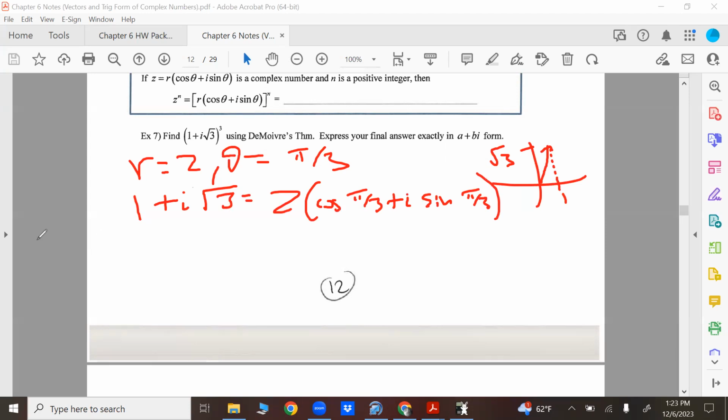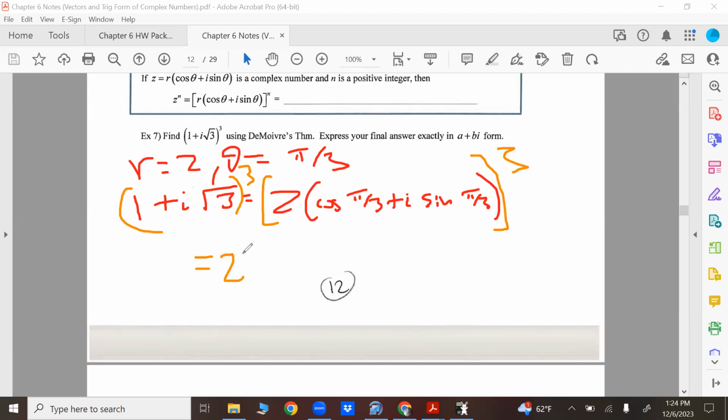So now if I want to raise it to the third power, let me erase this other stuff here. We do this, guys. Oh, it's 8 negative.